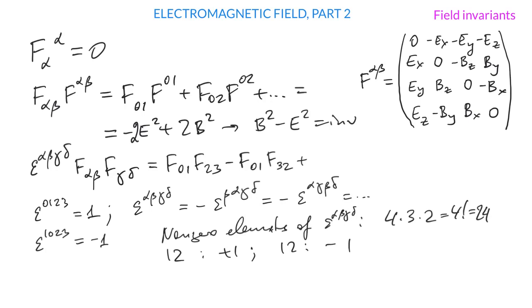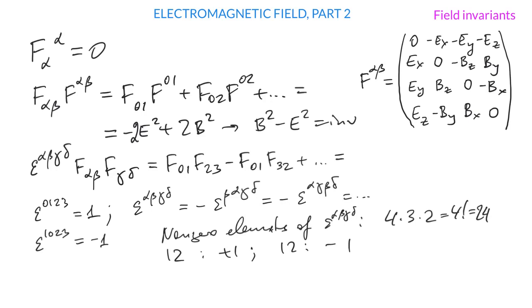Now, when we write down the components, we need to remember that these here are covariant indices, and this tensor here is contravariant. So everything that includes the electric field will change sign. I'll leave it to you to carefully figure out which component goes with which.